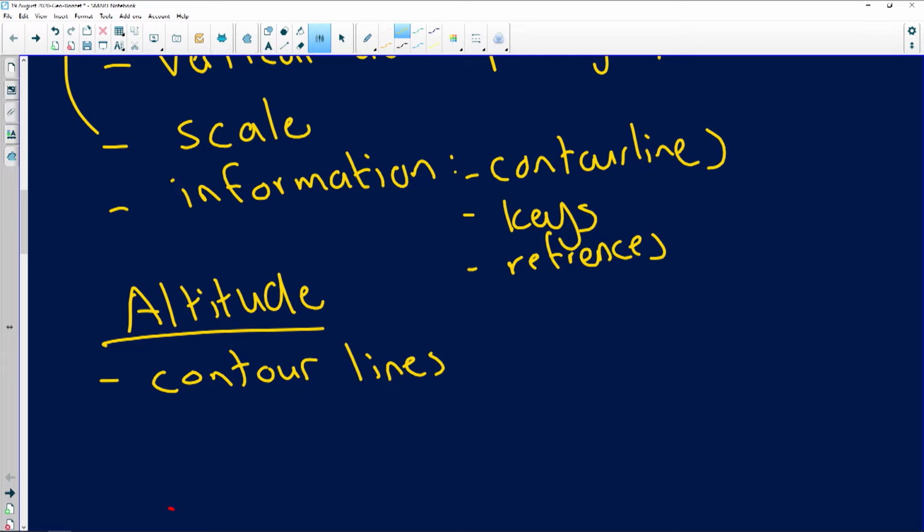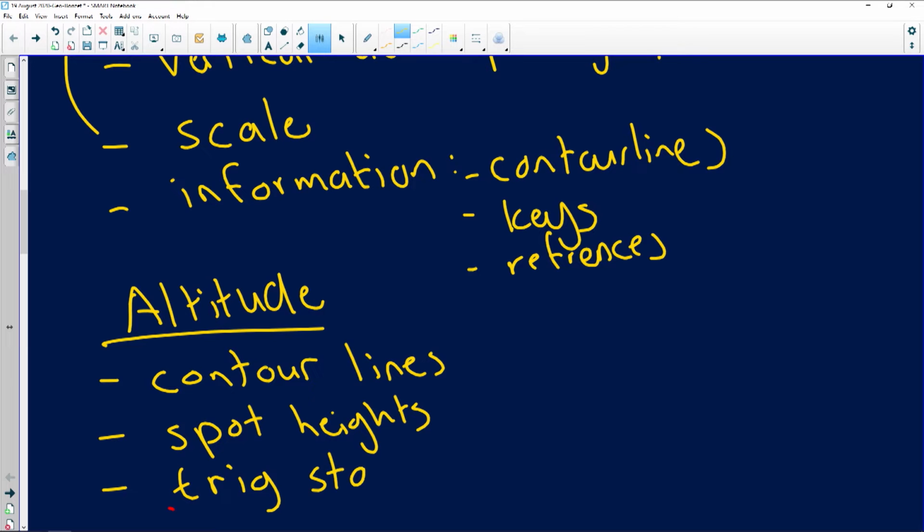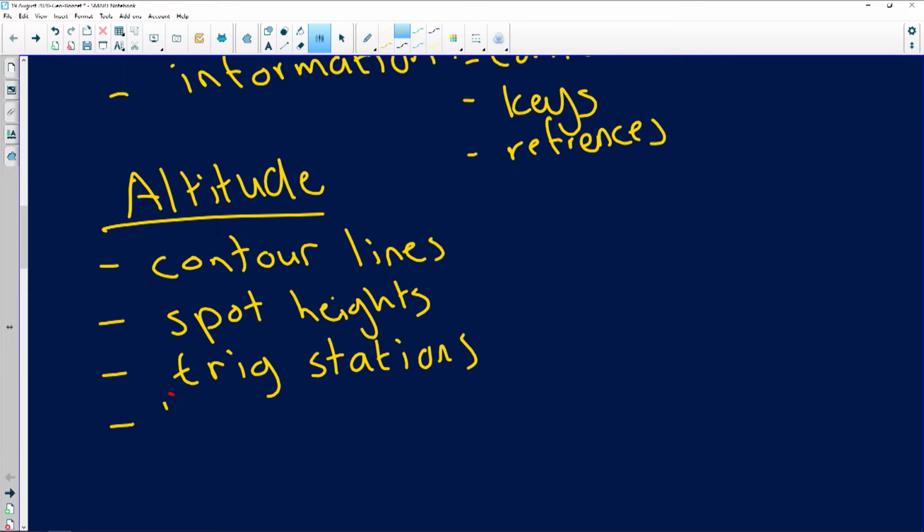Now, very importantly, spot heights, trig stations, and benchmarks.